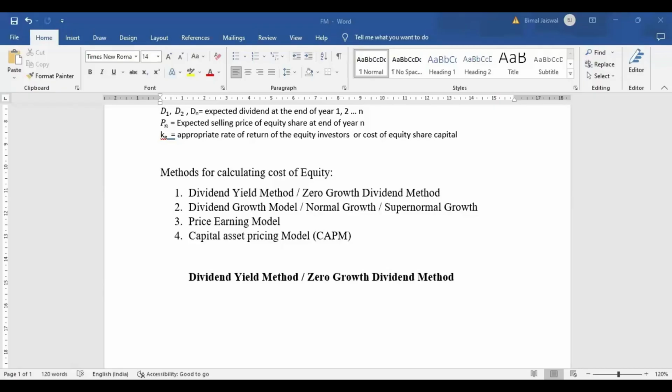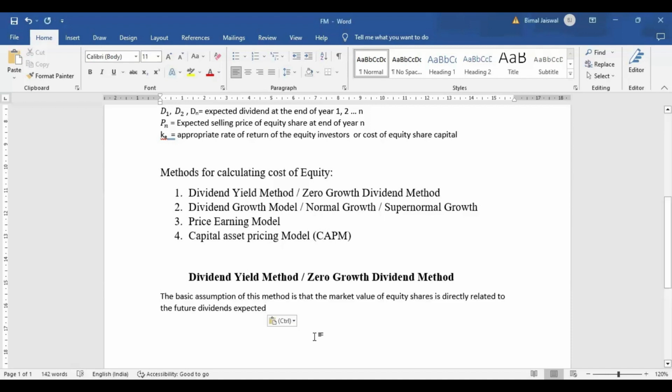So for calculating the cost of equity with respect to the dividend yield method, the assumption has to be taken that the market value of the equity share is directly related to the future expected dividend.